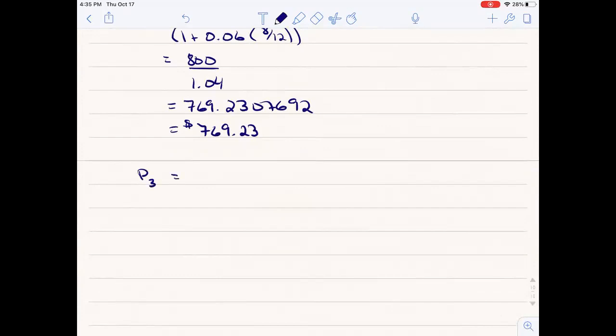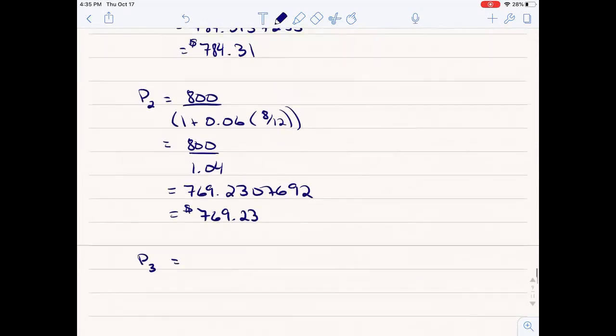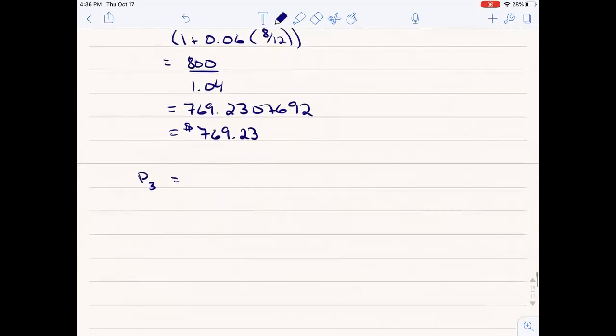And then finally P3. $769.23 today is equivalent to $800 8 months from today at 6%.